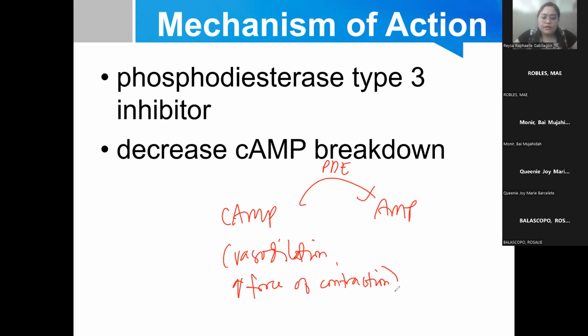Okay? So, therefore, inamrinone and milrinone can also be considered as positive inotropic agents for heart failure.